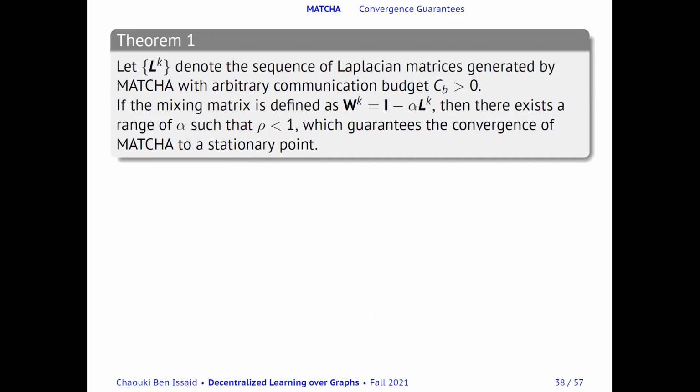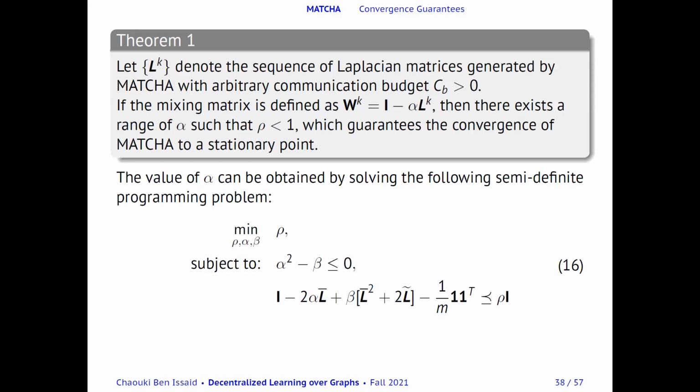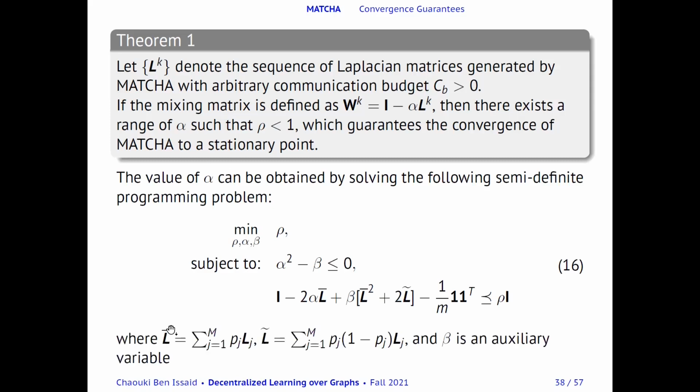In fact, the value of alpha can be obtained by solving the following semi-definite programming problem, where L bar is the sum over j from 1 to m of p_j times L_j, and L tilde is the sum from j equal 1 to m of p_j times (1 minus p_j) L_j, and beta here is an auxiliary variable.